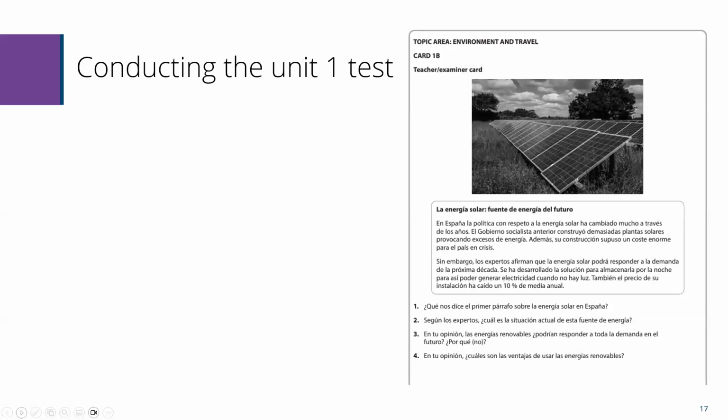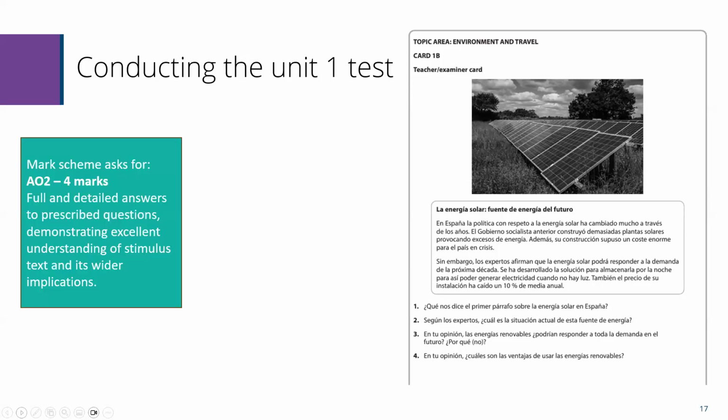So if we just have a think about conducting the test, we've got an example in Spanish. We'll have a look in a moment at the detail of it, and we can look at it from the English side. But the mark scheme asks for AO2, there are 4 marks.